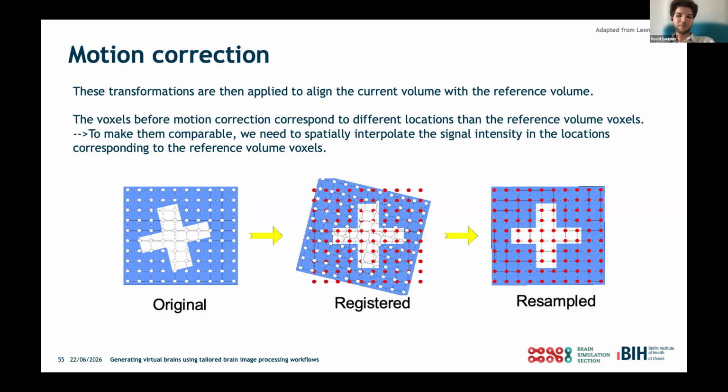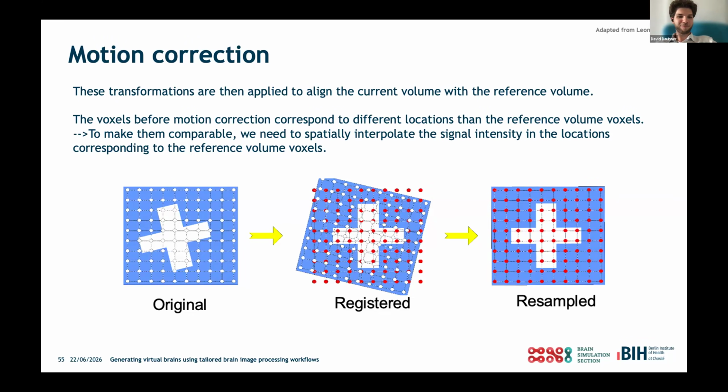So when we rotate the image, or when we transform the image using the rigid body transformations, it has the right position and orientation, but we know the signal intensity for slightly different points in space than in the reference image. This is not good for further analysis, and therefore, before we proceed, we need to use spatial interpolation to predict what the signal intensity would have been in the locations corresponding to the reference volume voxels.